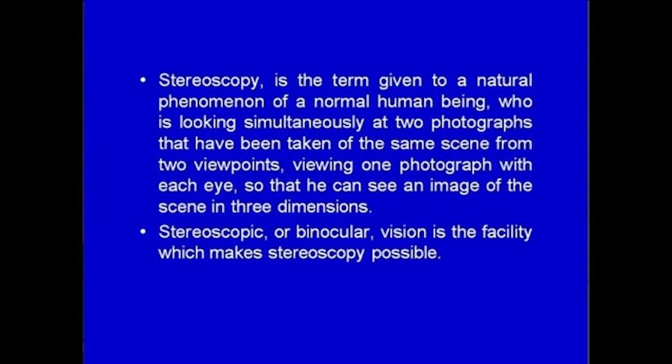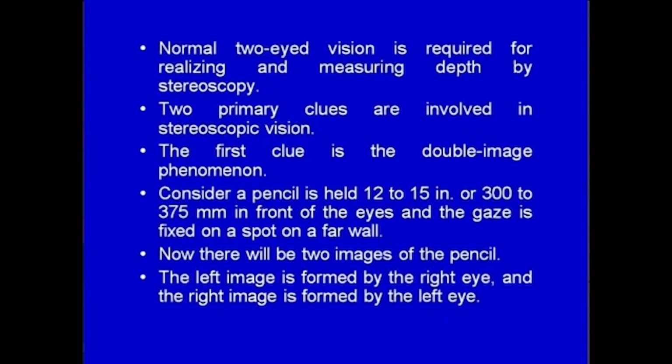Stereoscopy or binocular vision is the facility which makes stereoscopy possible. Normal two-eyed vision is required for realizing and measuring depth by stereoscopy. Two primary clues are involved in stereoscopic vision. The first clue is the double image phenomenon.